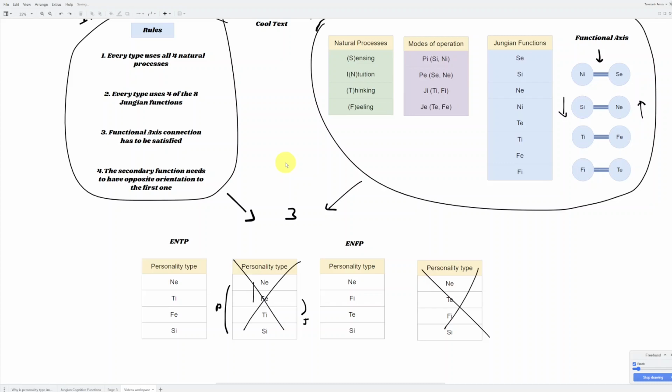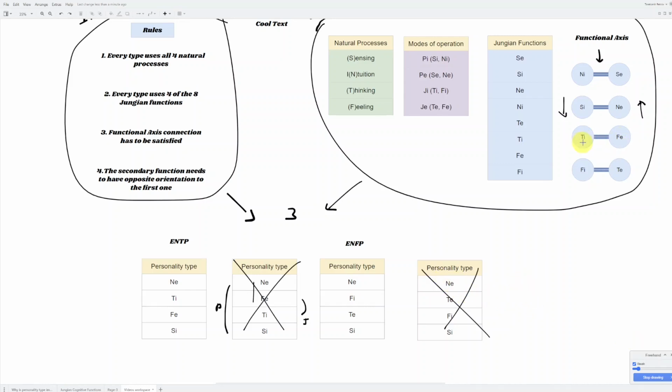So this is one reason that we might have evolved to use this balancing process, where your primary process, your strongest one, has to be balanced with the second one, which is in the opposite orientation to the first one. By the way, the same applies if the first function was introverted.